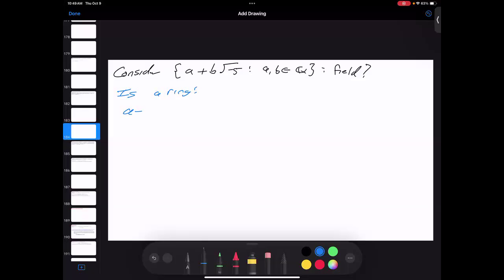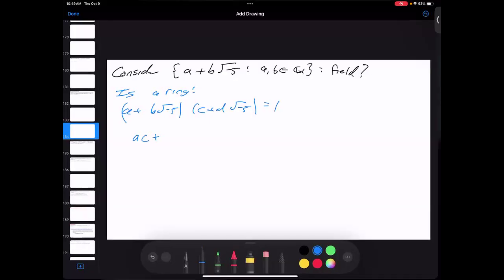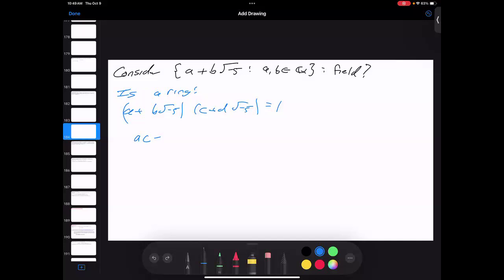So now let's say I give you A plus B square root of negative 5 times C plus D square root of negative 5. I want that to equal 1. So the question is, are things invertible, as long as they're not 0? Well, if we multiply this out on the left, we get AC minus 5BD plus BC plus AD times square root of negative 5 equals 1.